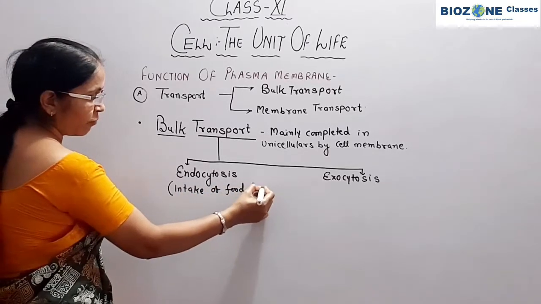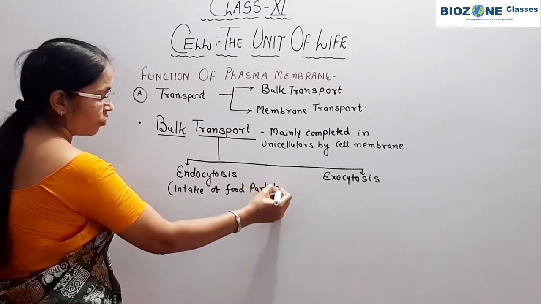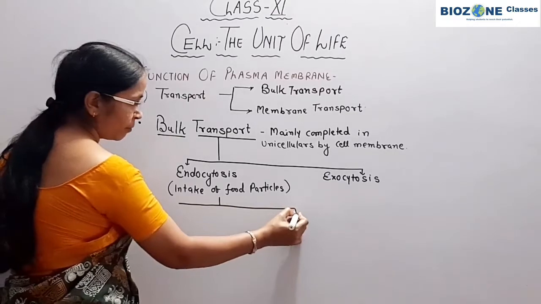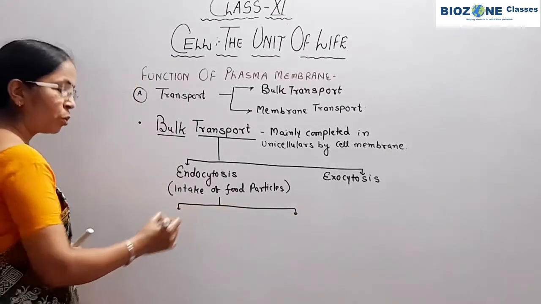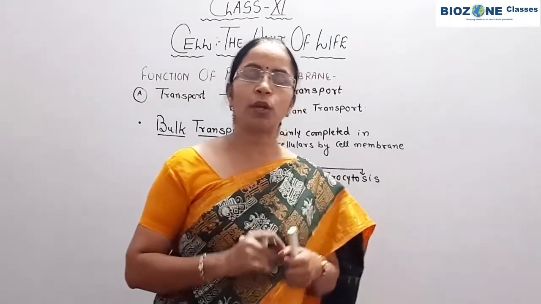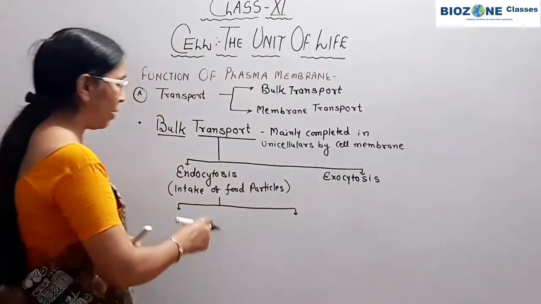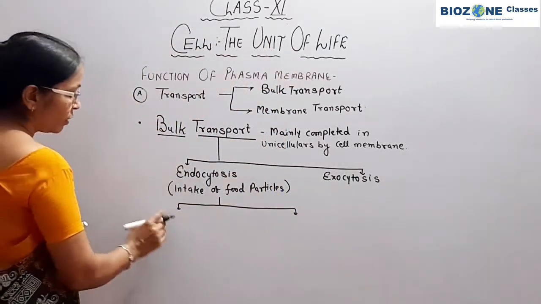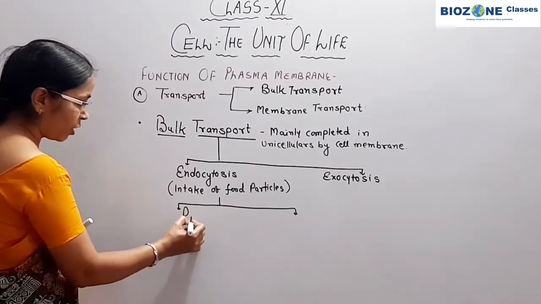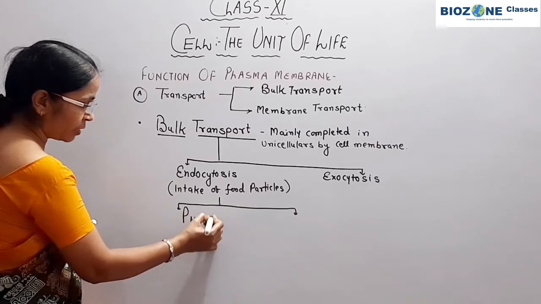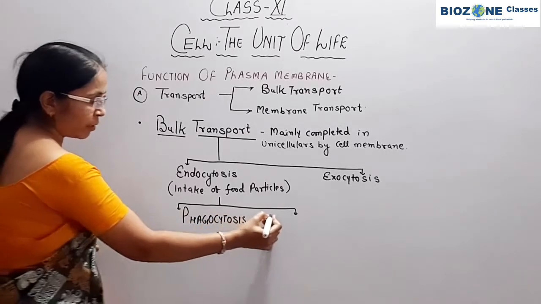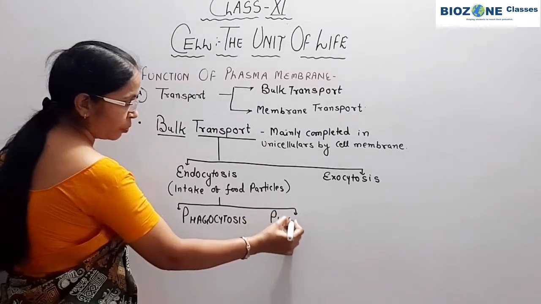Now you remember, there are two types of food particles, solid food or liquid food, and according to that, endocytosis is of two types. One method is called phagocytosis and another method is called pinocytosis.